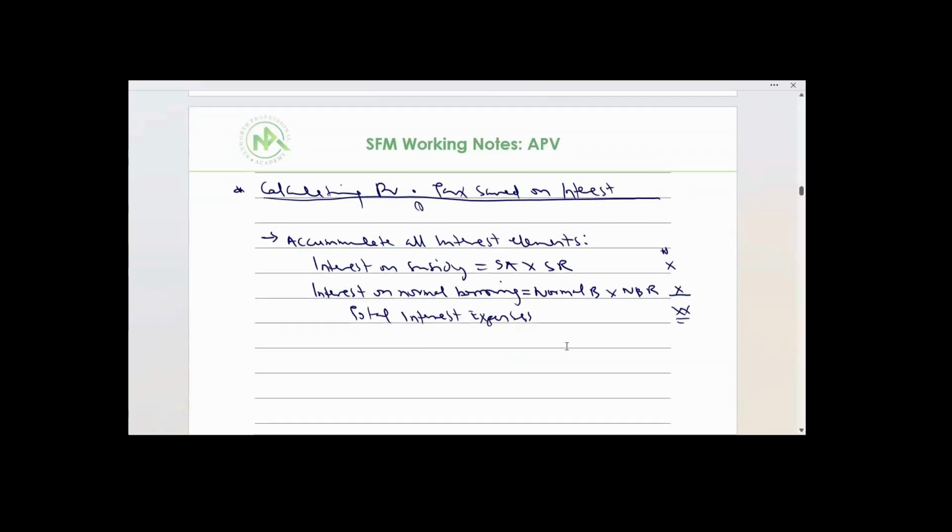So that's the first step. After you have gotten the total interest, the next thing you need to do is to calculate tax saved on interest.